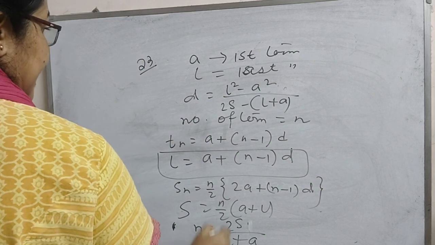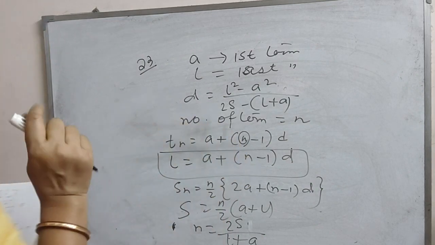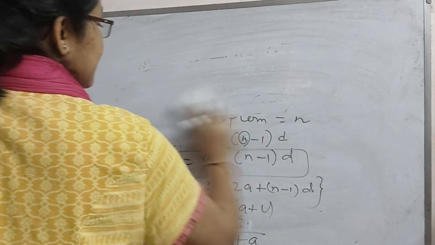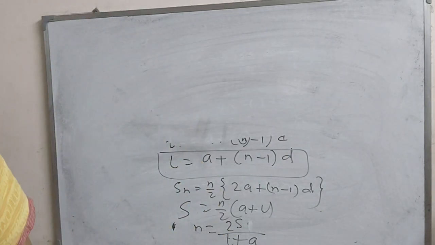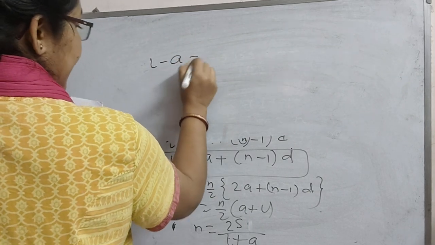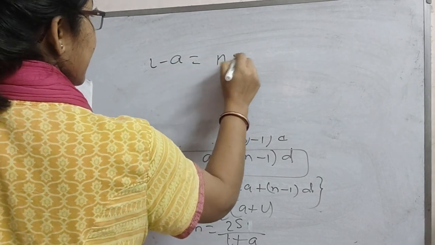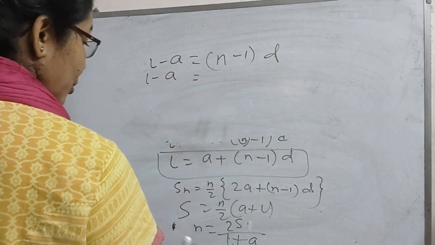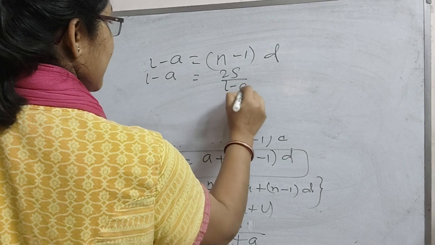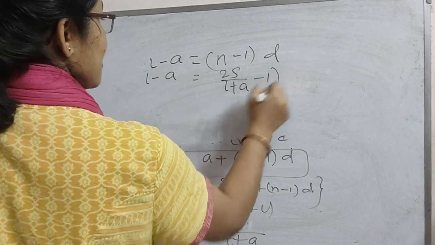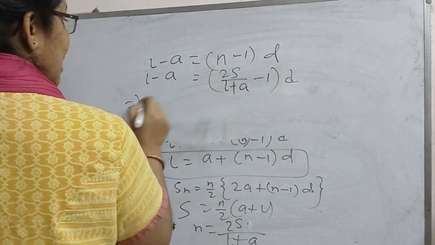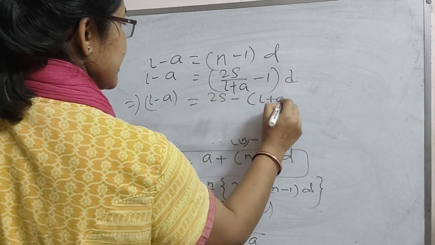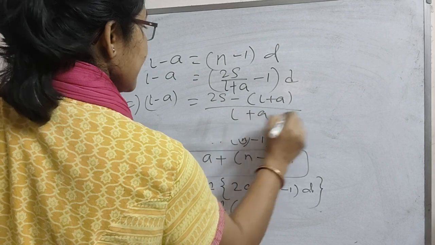Putting this in here, L minus A equals (n minus 1) into d. So L minus A equals (2S by (L plus A) minus 1) into d, which equals ((2S minus L plus A) by (L plus A)) into d.